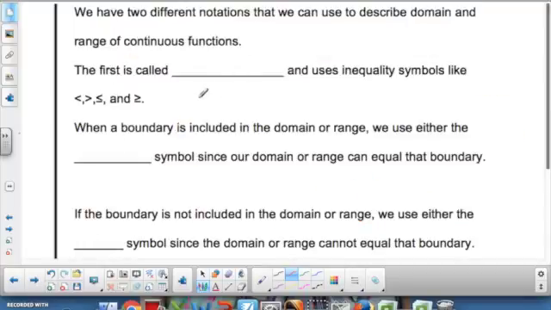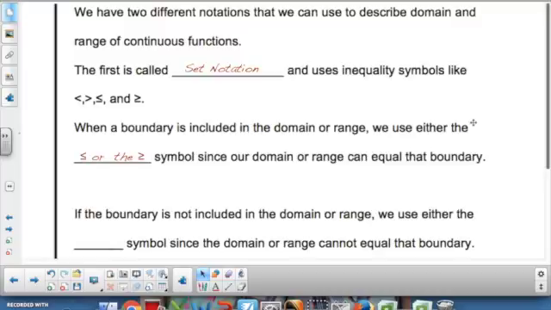Okay. We have a couple of different notations that we use when we're talking about functions. The first is called set notation, and it uses inequality symbols like less than, greater than, less than or equal to, and greater than or equal to. When a boundary or the edge of a line is included in your domain, we use either the less than or equal to or the greater than or equal to symbol, since the domain or range can be equal to that boundary.